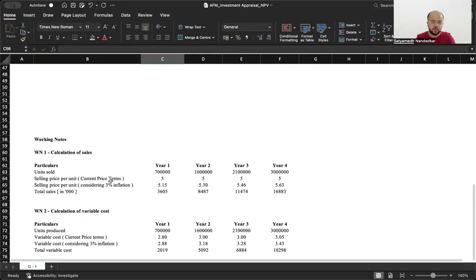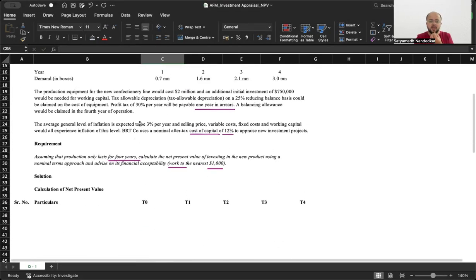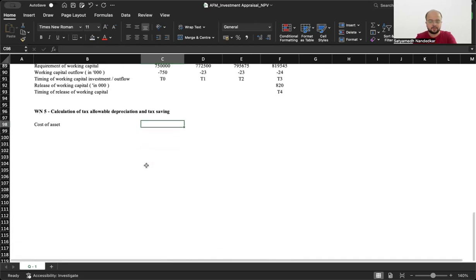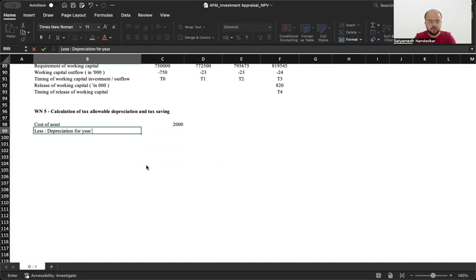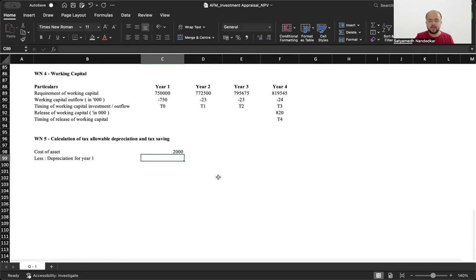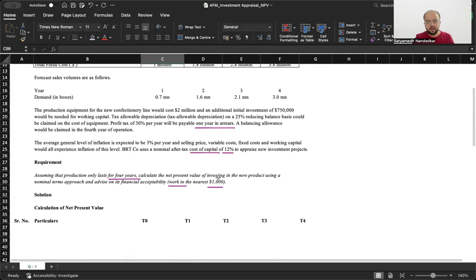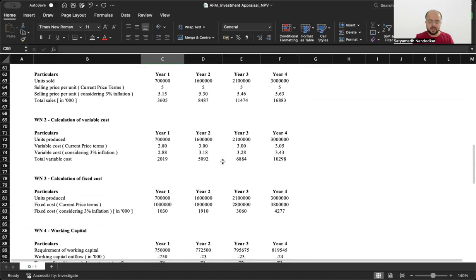Cost of asset. How much was the asset purchased for? The asset was purchased for 2 million. Less depreciation for year 1. What is the rate of depreciation? The rate of depreciation is 25% on reducing balance basis.